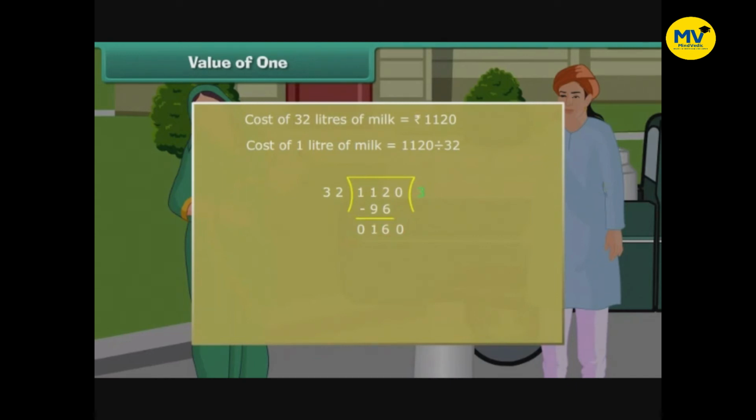It holds 5 times 32, that is 160 exactly. Write 5 to the right of 3 and 160 beneath 160. Subtract. As the difference is 0, write X to mark the end of the division operation. Therefore, the cost of 1 liter of milk is 35 rupees.